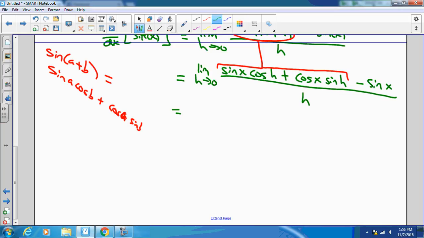All right. Now, I look at this expression and I wonder what to do with it, not really sure. So I'm going to start grouping terms according to terms that have a common factor of sine x and terms that have a common factor of cosine x.